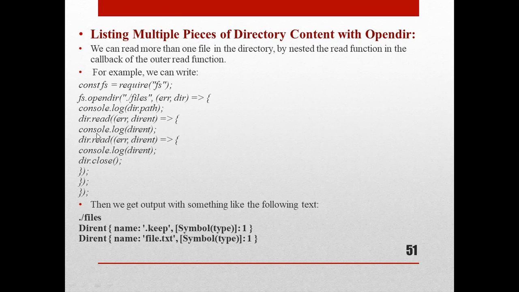Inside that we print console.log dirent. Similarly, read again, print that dirent, and at last close the directory. If we execute this code, first it will print the directory path, then the dirents in this directory: the first file's name and its type, then the second file and its type. This is the way we can list the multiple elements, or the contents, of the open directory.